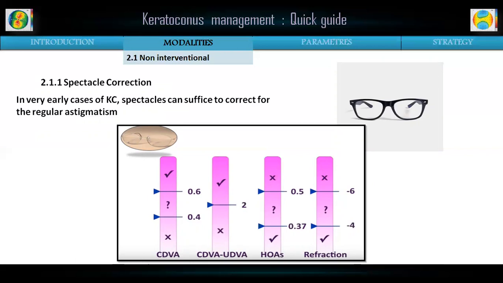Also, if we have a very low rate of high order aberration and refraction is less than -4.